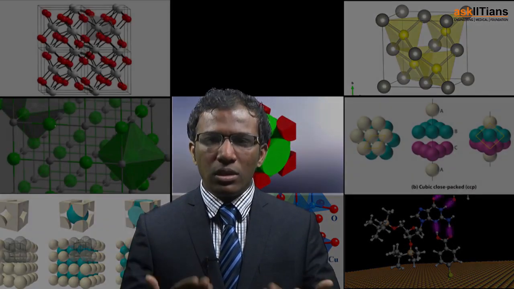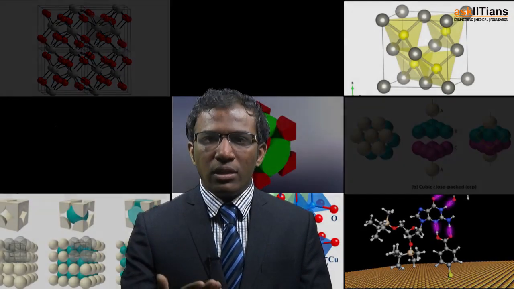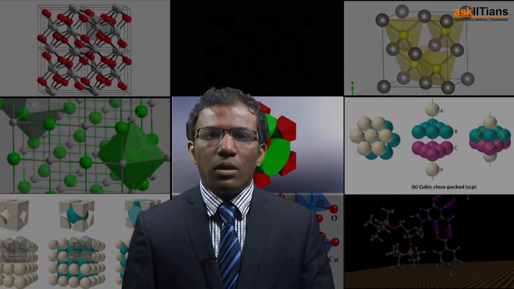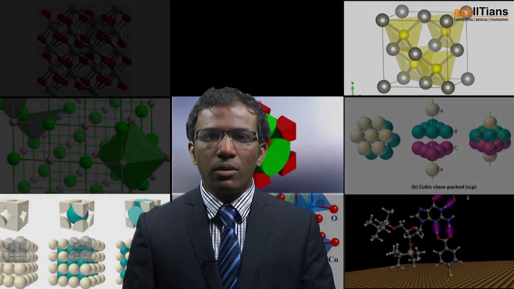We have seen the classification of crystalline solids and their properties, and then we moved to the concept of crystal lattices and unit cells. We discussed the various types of unit cells and crystal systems, and also the simple cubic, face centered cubic, body centered cubic and end centered cubic unit cells.